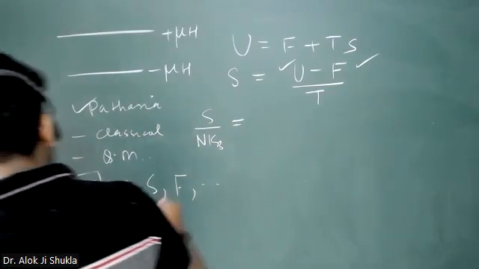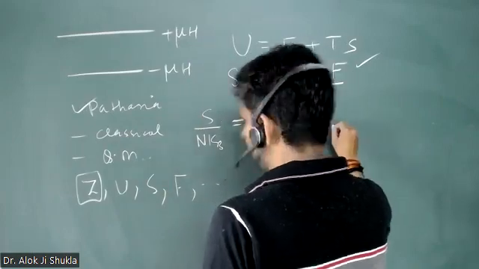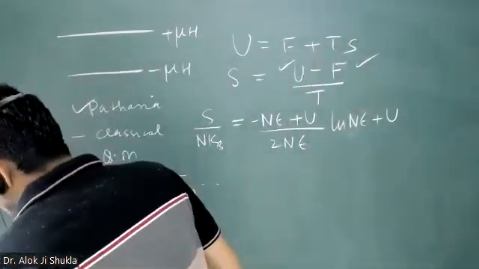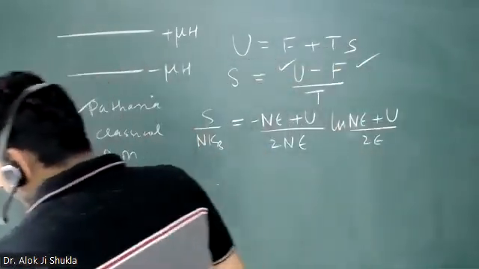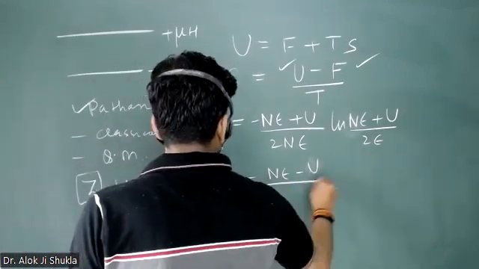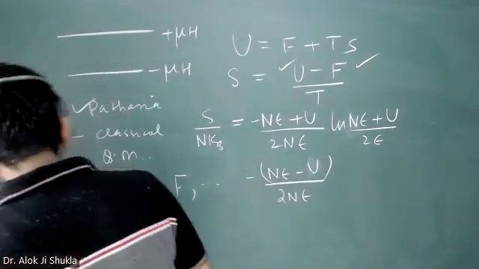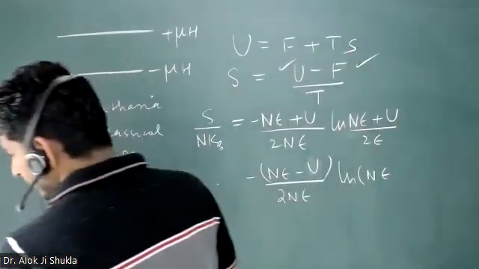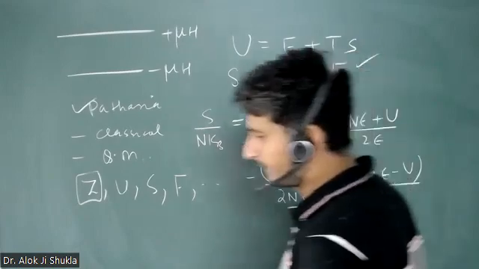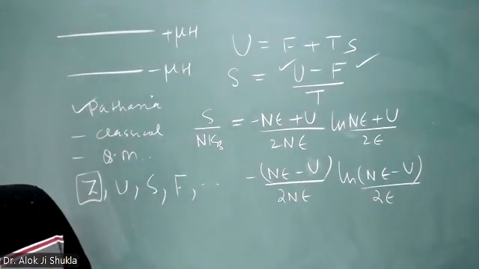It will be minus (NE plus U) upon 2NE, ln (NE plus U) upon 2E, and minus (NE minus U) upon 2NE, ln (NE minus U) upon 2E. Work this out quickly.